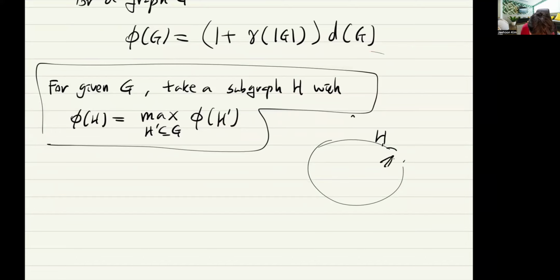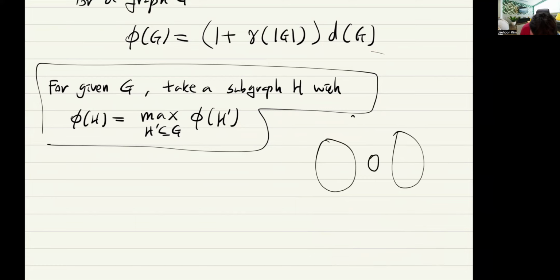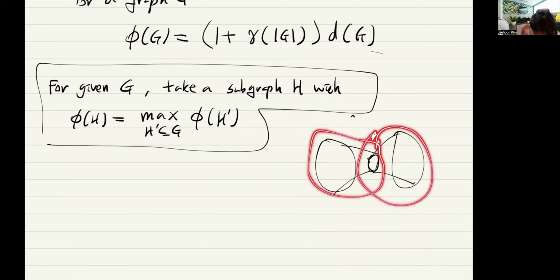So before, deleting it increased the average degree, but now what we will see is that if this graph H has low connectivity, in the sense that here is a big set, a small set, a big set, then you will see that either this one or this one will have a higher pi value if this is too small.